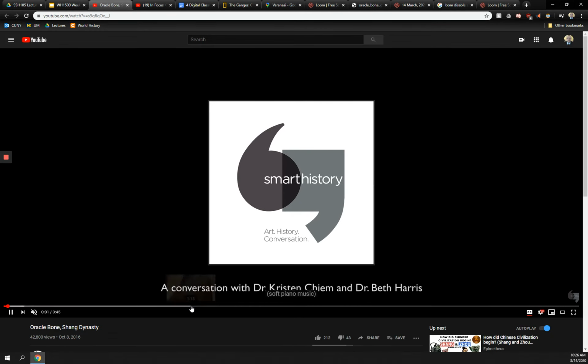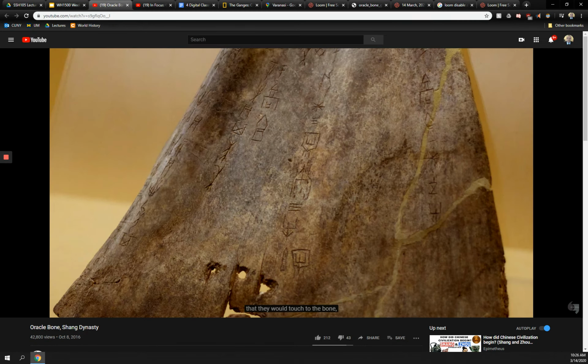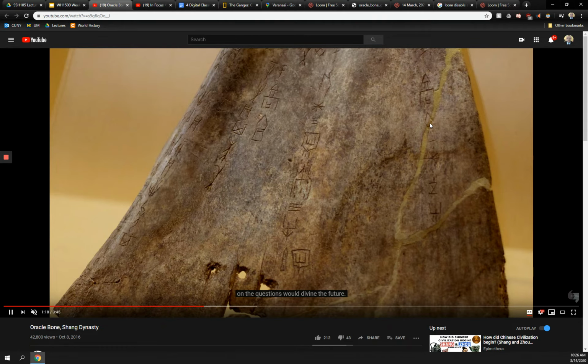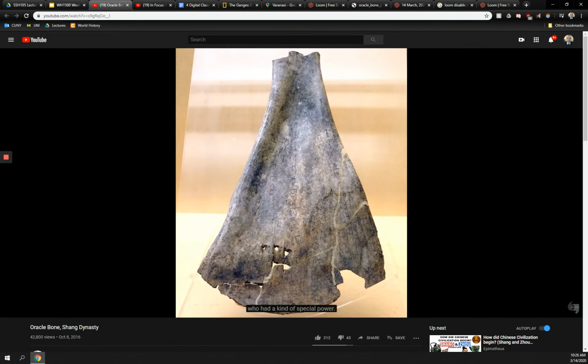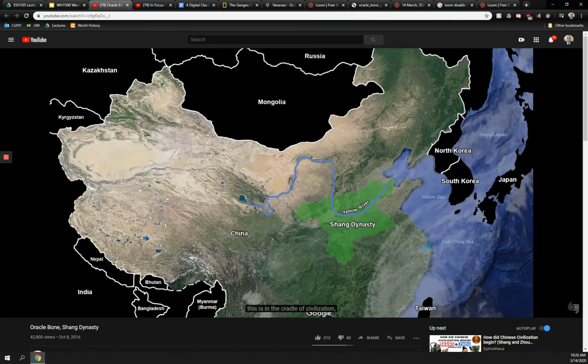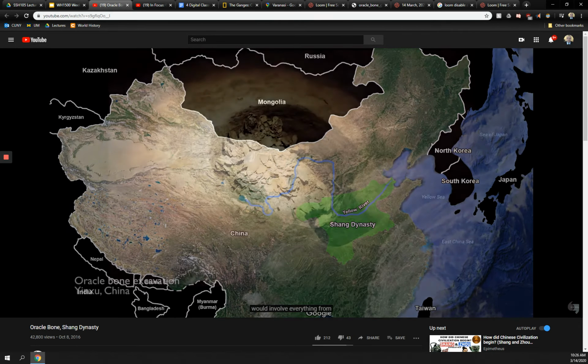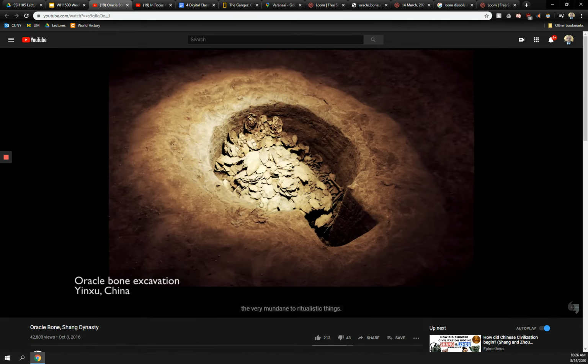Oracle bones are essentially used to guess things about the future. The bones would be placed in a fire, or a fire placed under them with writing put on them, and where they cracked, what areas of the bone cracked, would be read, kind of like a palm reader reads your palm, to determine, using these lines in the cracks of fire, which elements of a prophecy might be true.